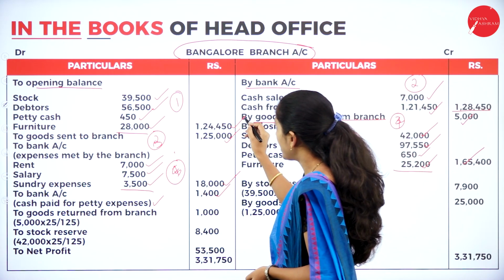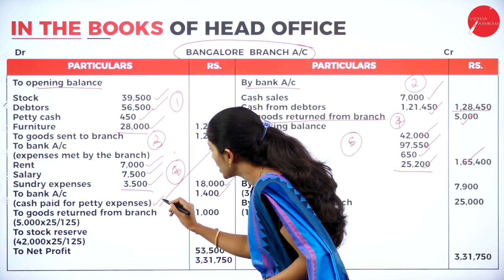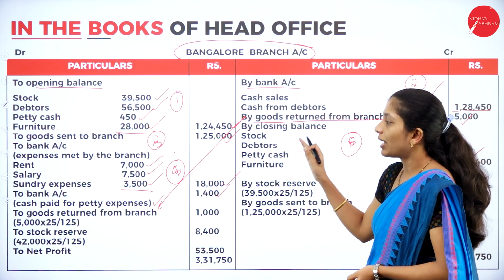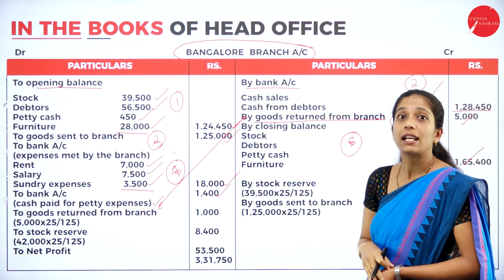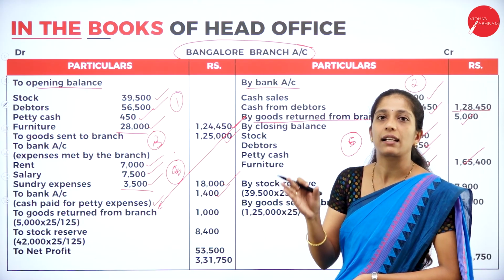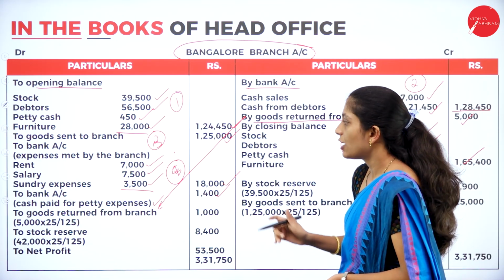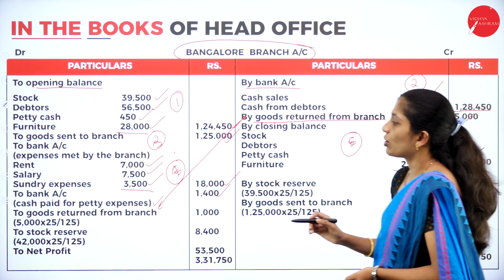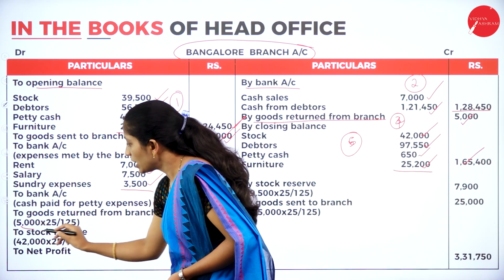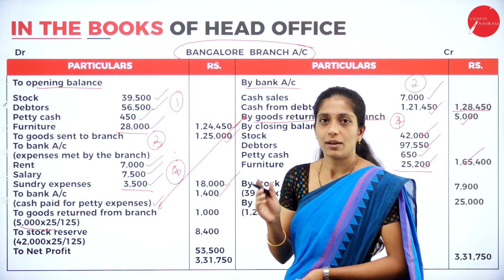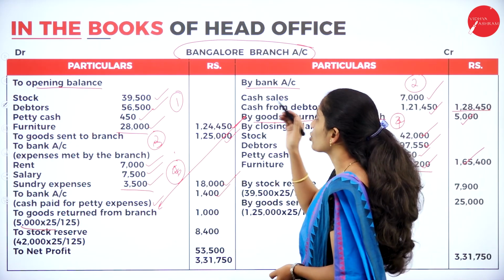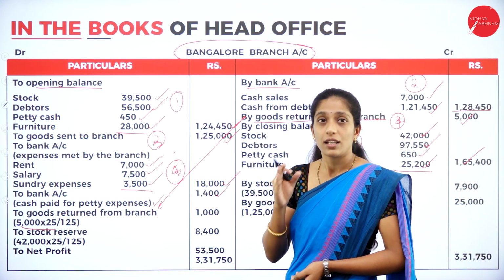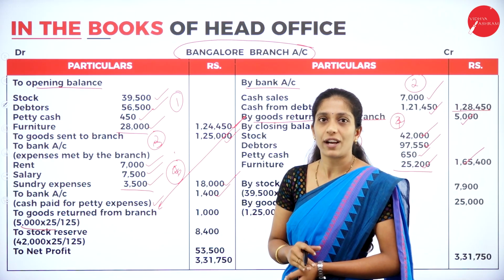Next, what you have to do? Now the reverse entries. Here, goods returned from branch. Now we have to take it at invoice price, so we have to calculate as per invoice price. What is the goods returned from branch? 5,000. They have given that it is recorded at invoice price, that is, 25% on cost.